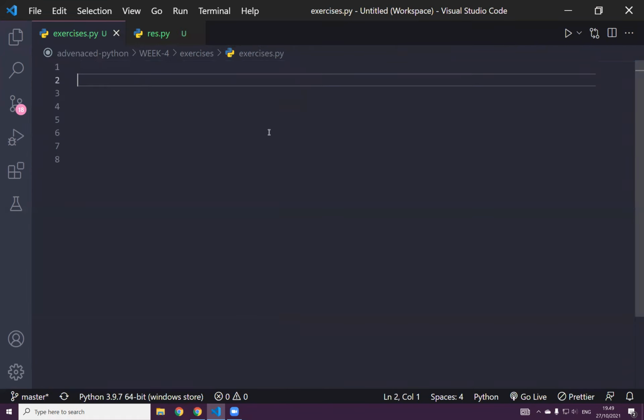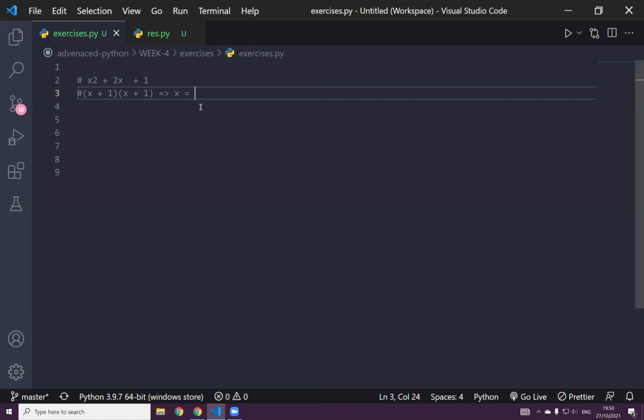So now let's say, for instance, we have this function: x squared plus 2x plus 1. Another way you can write this is x plus 1 and x plus 1. And the solution set is going to be x is equal to minus 1.